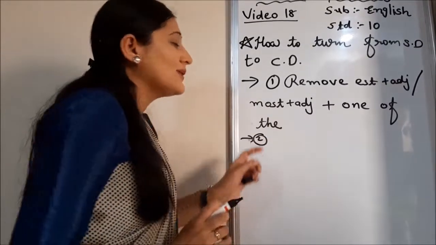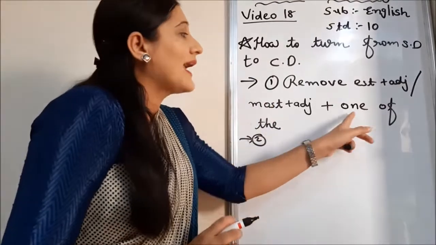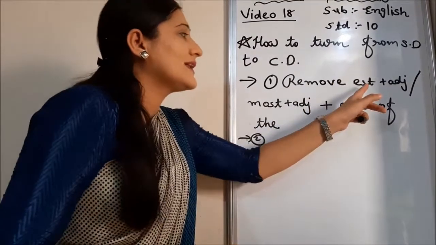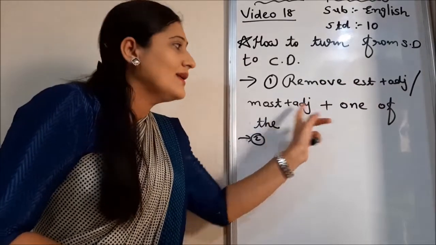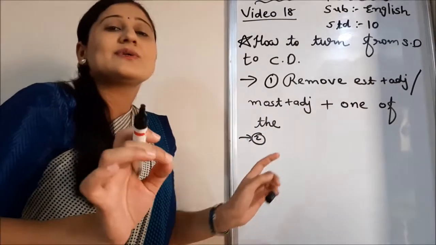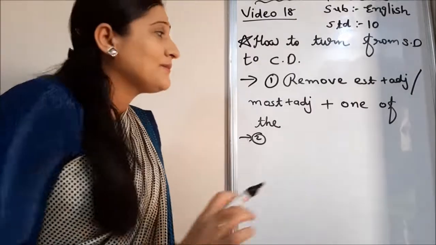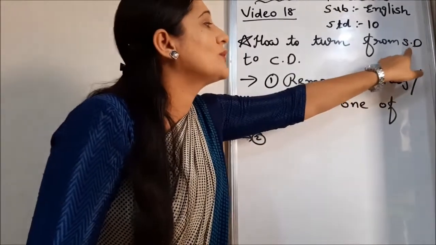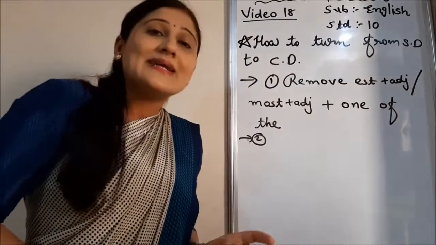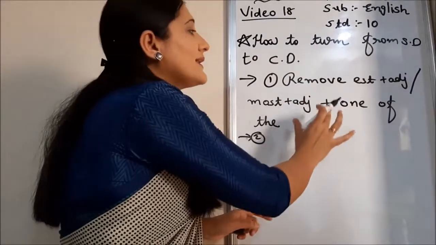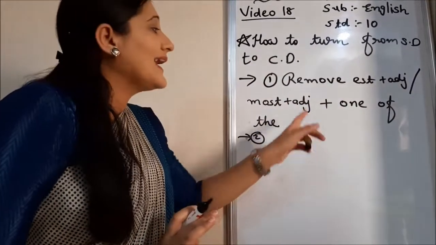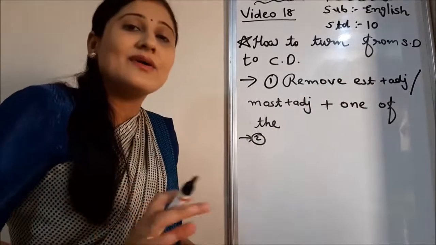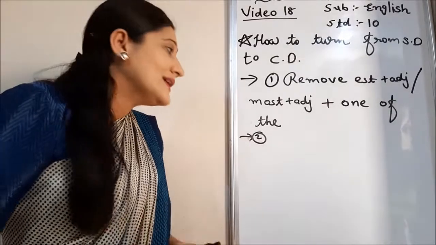Like that in comparative, more plus adjective, right? And one of the. You can use either this, or this, or one of the to make SD, but we will delete all three when we convert from superlative to comparative. Whichever one is given, we will delete it.